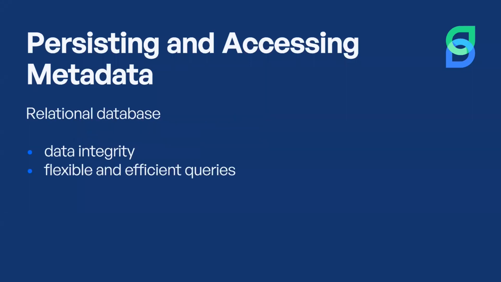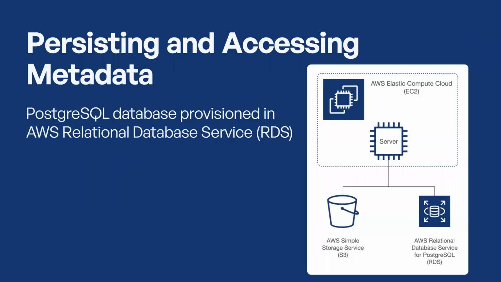To persist metadata about connections and rooms, we chose a relational database, which takes care of ensuring data integrity and enables flexible and efficient queries. We connected our server to a PostgreSQL database provisioned in Relational Database Service provided by AWS.